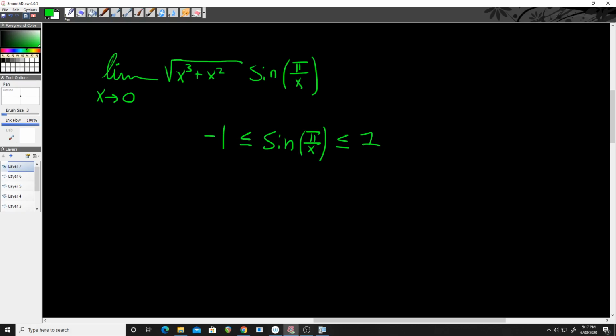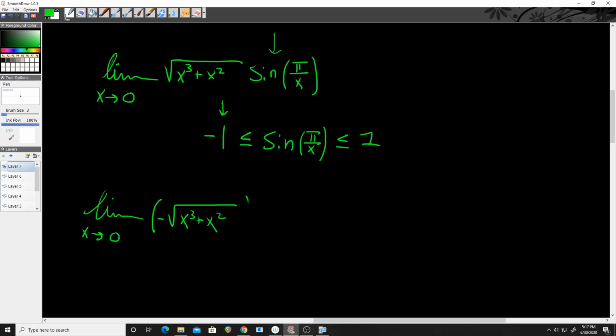Okay? And so, just like before, since this is the minimum, think about plugging this in here. That would turn this entire expression into the following: limit as x approaches 0. And now if this is negative 1, then we just get negative square root x cubed plus x squared.